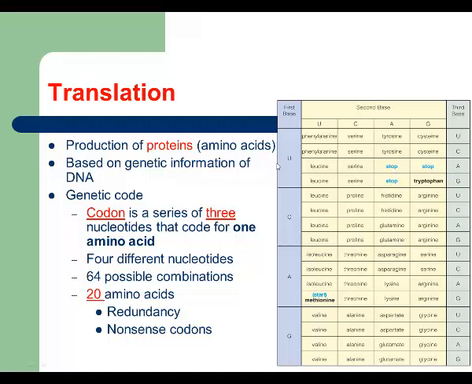For this one, it's going to be UAG. But neither of those stop codons encode any amino acids. That's why we call them nonsense or stop codons. And again, when we go through translation, I will explain their function.